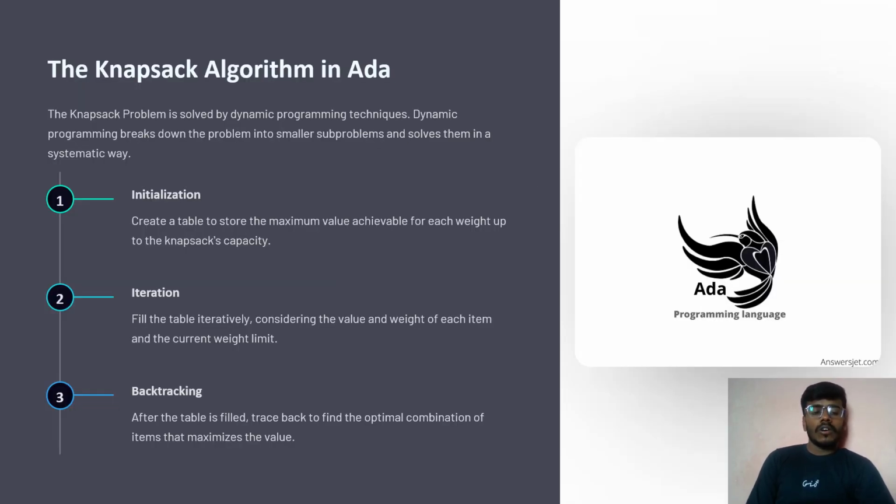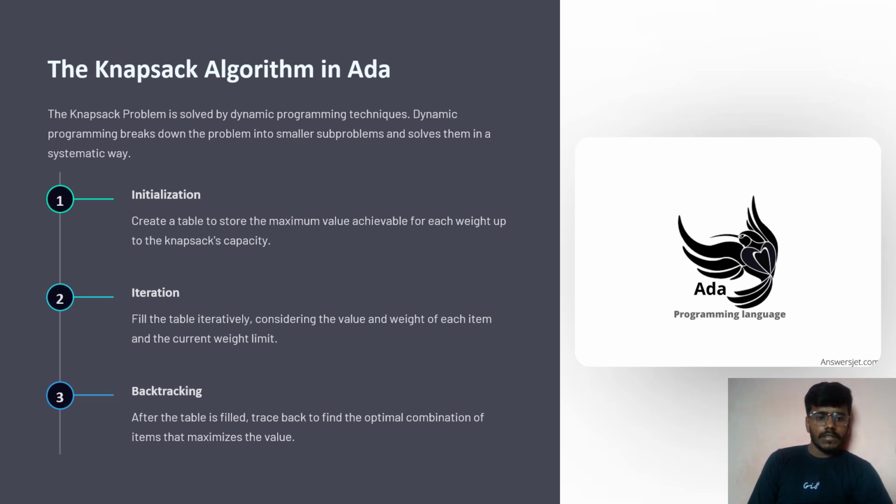Then the knapsack algorithm in ADA. The knapsack problem is solved by dynamic programming techniques. Dynamic programming breaks down the problem into smaller subproblems and solves them in a systematic way. First one, initialization. Create a table to store the maximum value achievable for each weight up to the knapsack capacity.